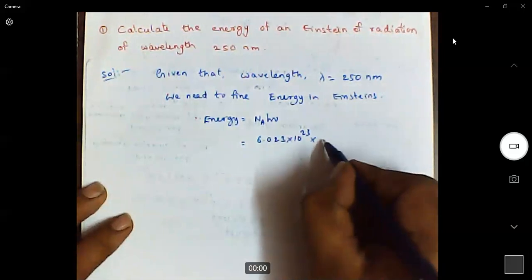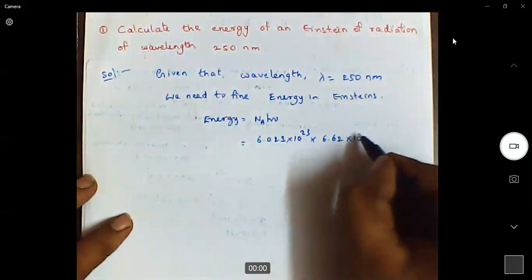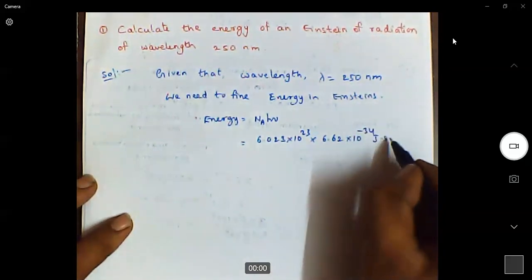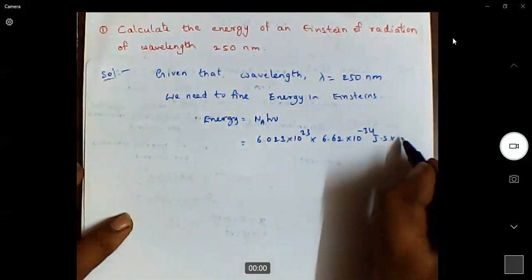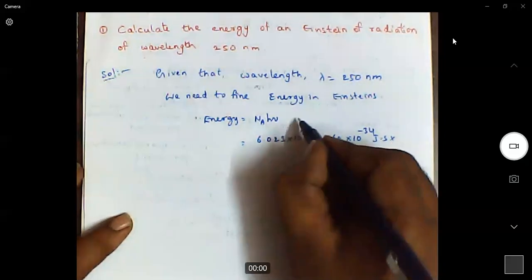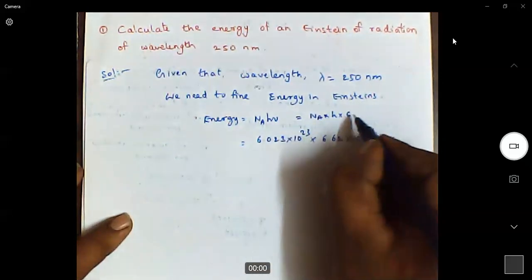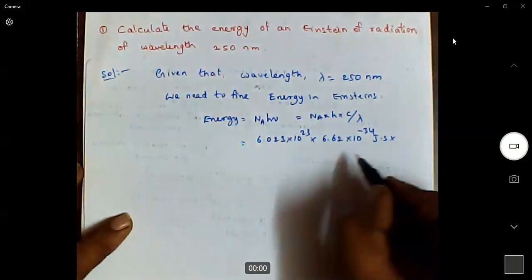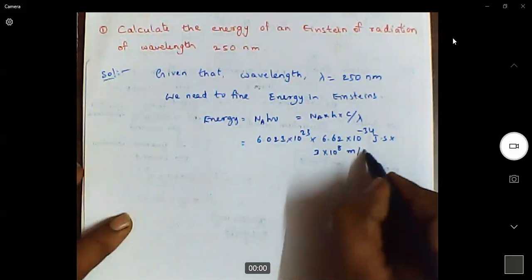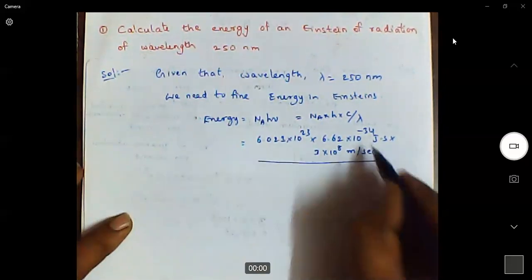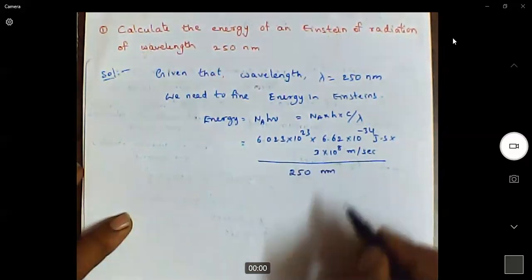Planck's constant 6.62 into 10 power minus 34 joule second multiplied by frequency. We need to convert it into velocity of light by wavelength. So velocity of light 3 into 10 power 8 meters per second divided by wavelength, it is 250 nanometers.